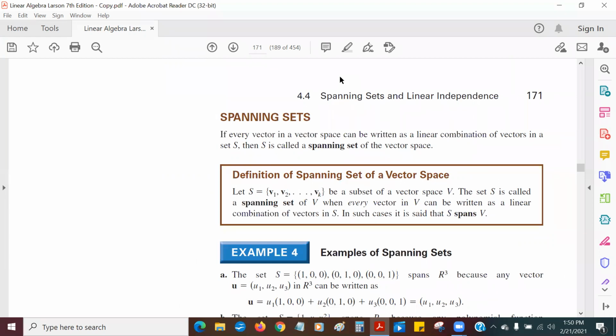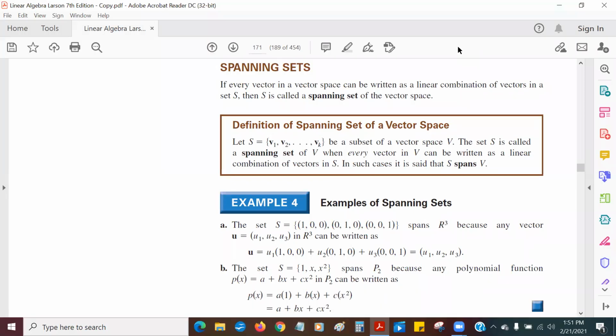Let's start by looking at a very cool, almost idyllic situation where you have a set of vectors, and if I look at all the different linear combinations, I could find a linear combination for any vector in the entire vector space V. When that happens, we say that S spans V. So we'll say that set S is a spanning set of V, meaning that every vector in V can be written as a linear combination, which is kind of cool and awesome.